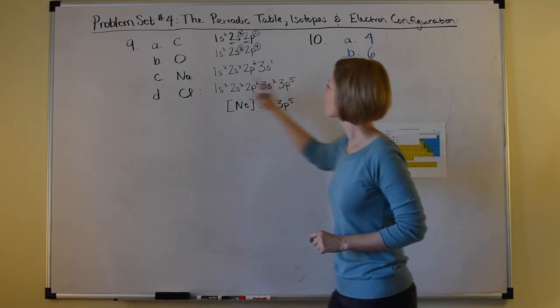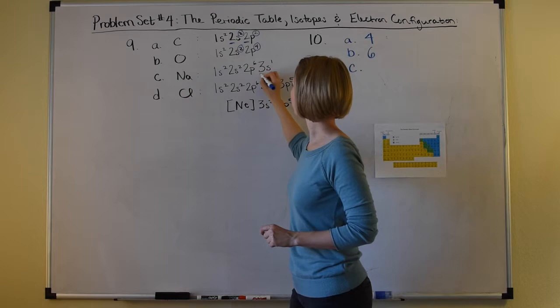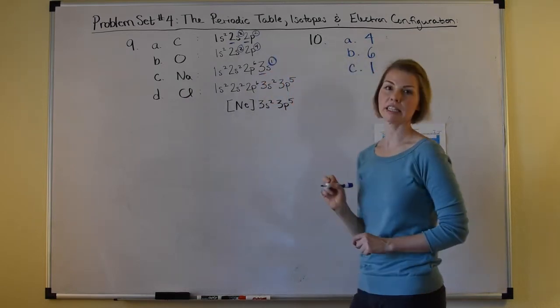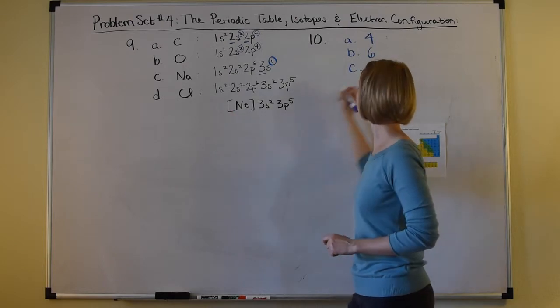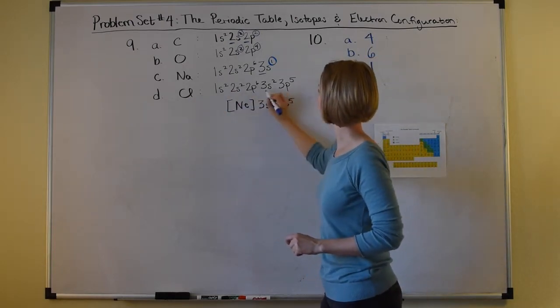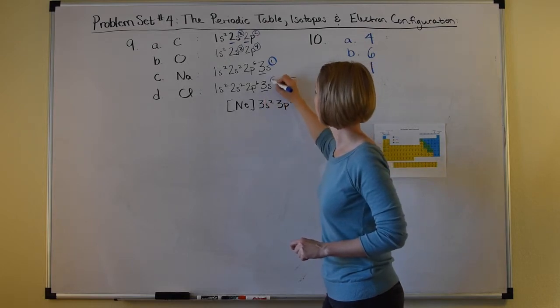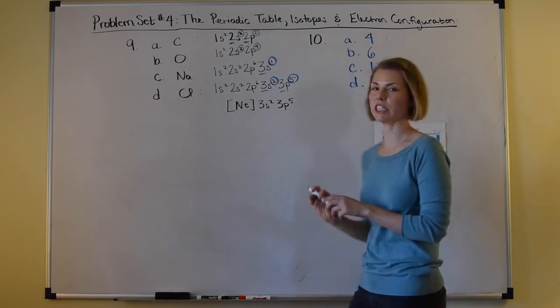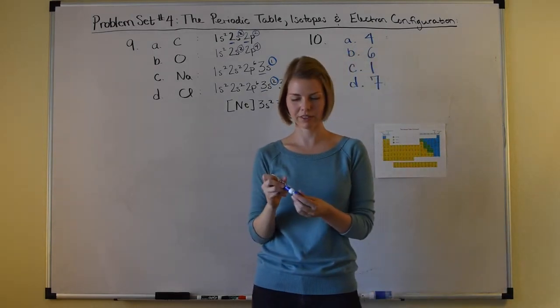C, sodium, the third energy level is the outermost. It just has 1 valence electron. And D, chlorine, the third energy level, 2 plus 5, 7 valence electrons.